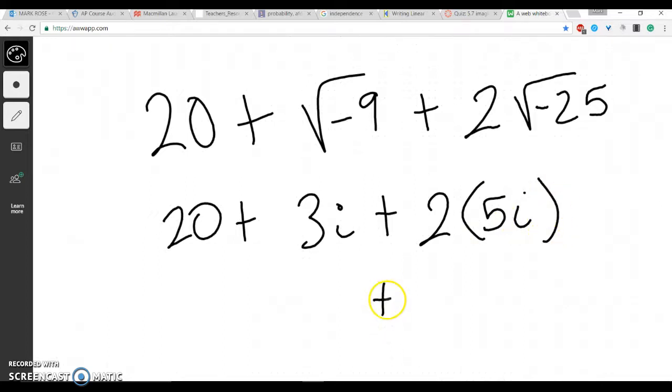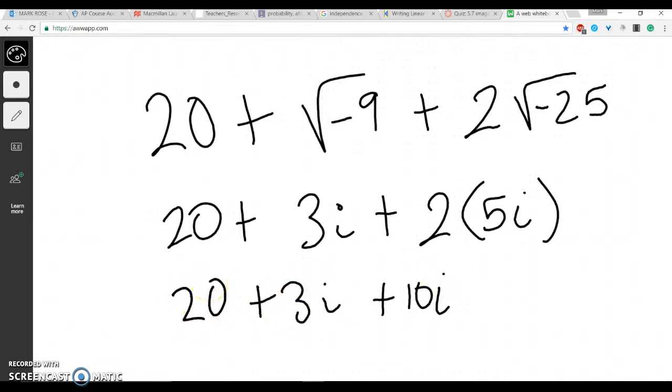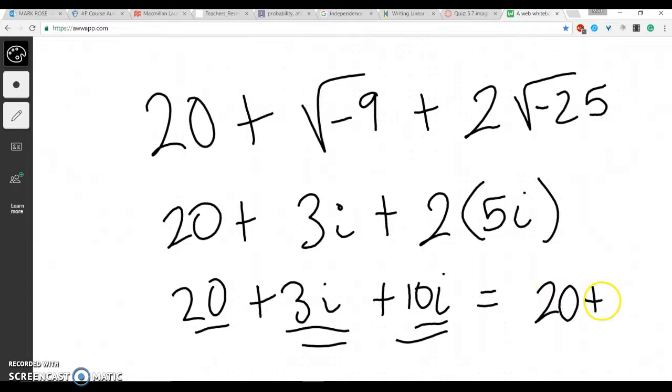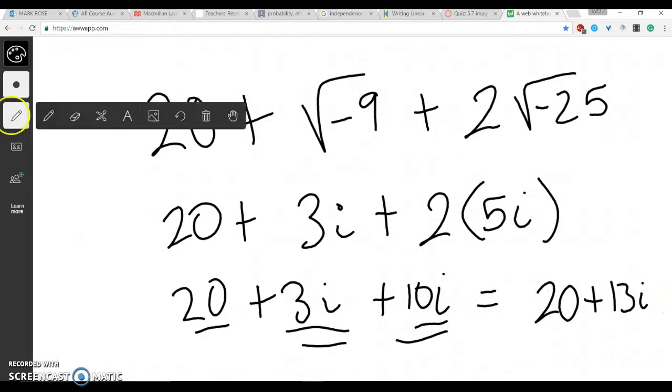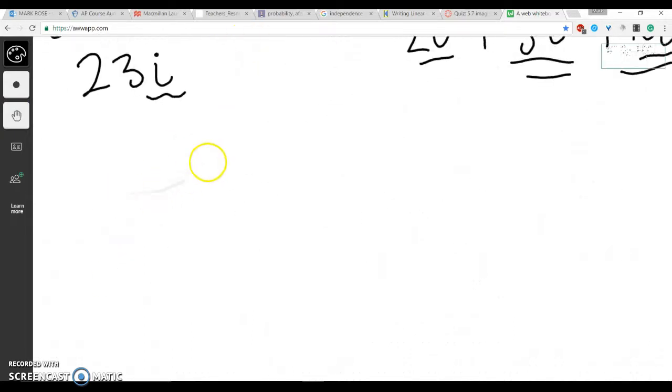Well, 2 times 5i would be 10i. Now we have to think about adding. I can't add 20 and 3i because they don't have the same terms. Like they don't have a variable. So you can't add the things. But I can add 3i and 10i. So when we do that, we would get 20 plus 13i. So again, a lot of times we're just going to treat i like a variable, and it makes it pretty easy.